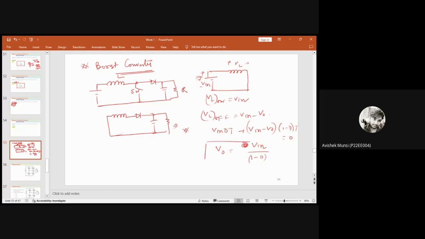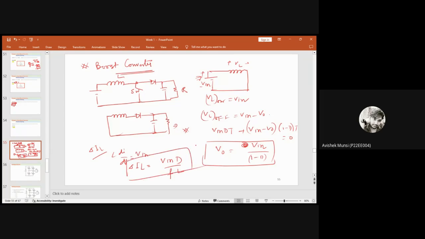That was the equation of the boost converter. For ripple, you have to calculate delta IL. Go through di/dt equal to the on time voltage Vin. The delta IL will be similar to the buck-boost converter, that is Vin D by f L. So this is the calculation of boost converter.